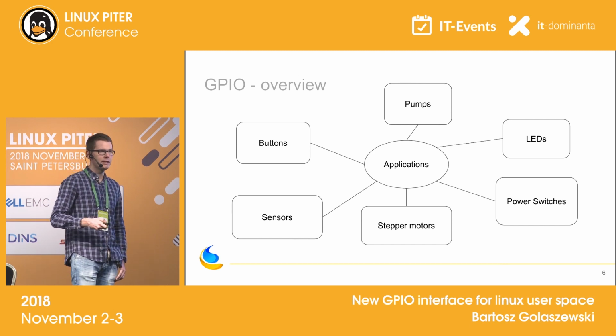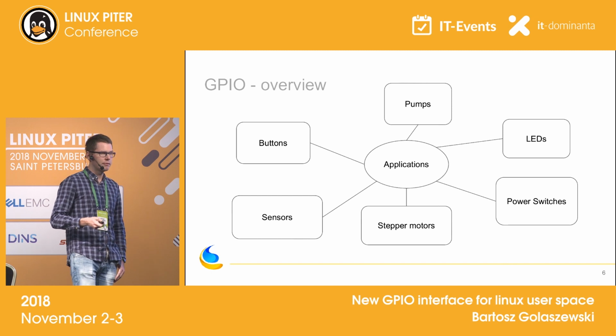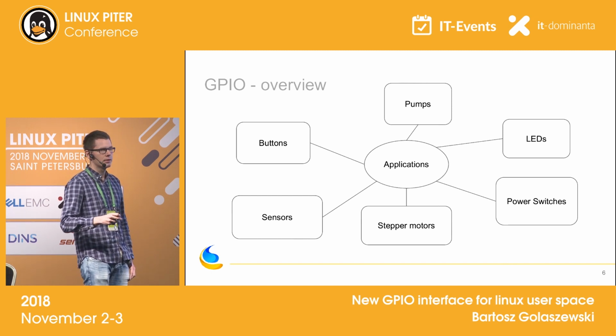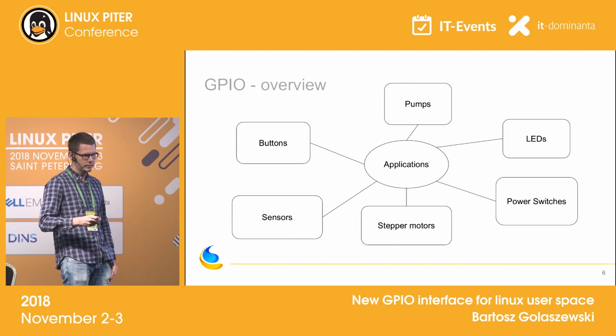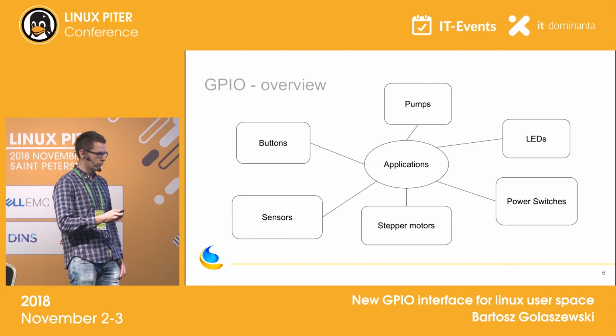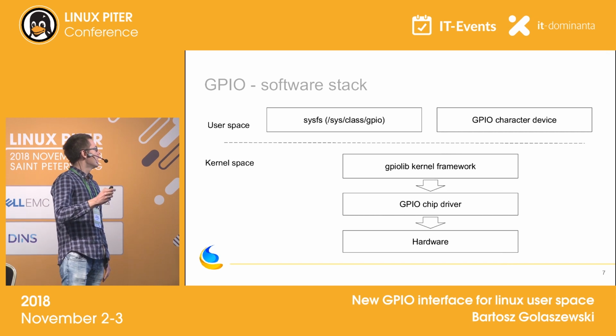Robotics, where you drive simple motors, sensors like level sensors, where you only need to know that some level has been reached, you can use GPIOs. Yeah, this kind of applications.